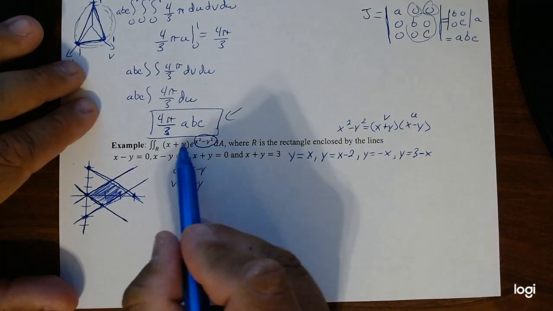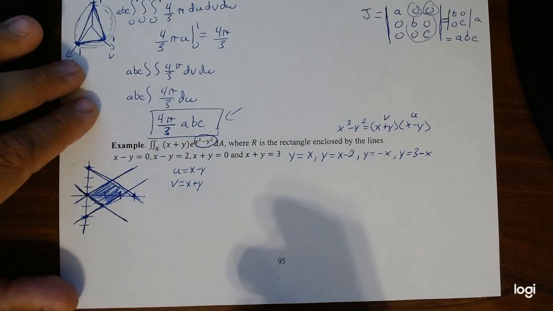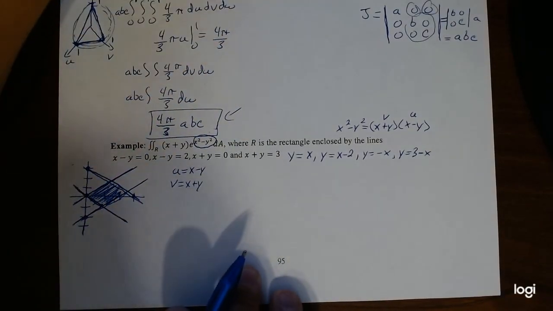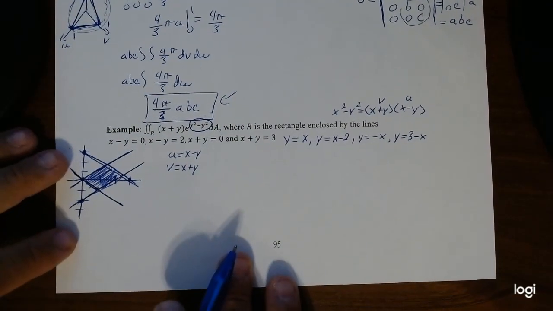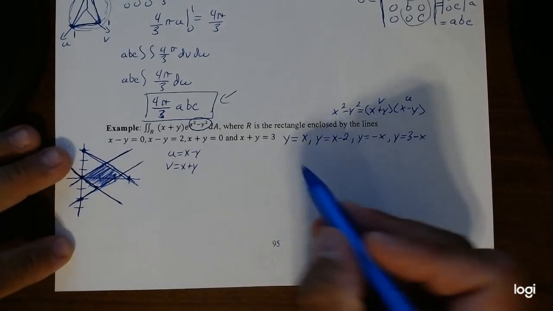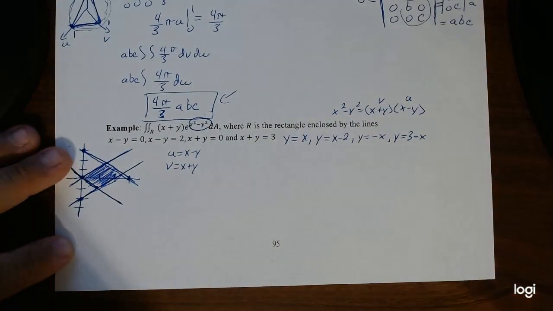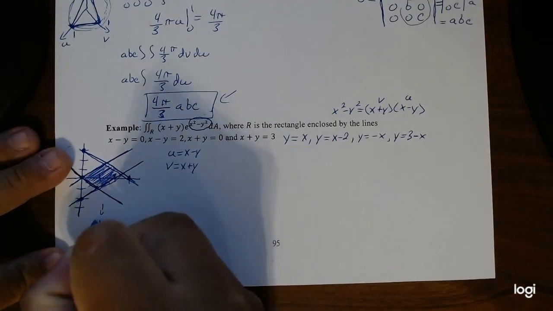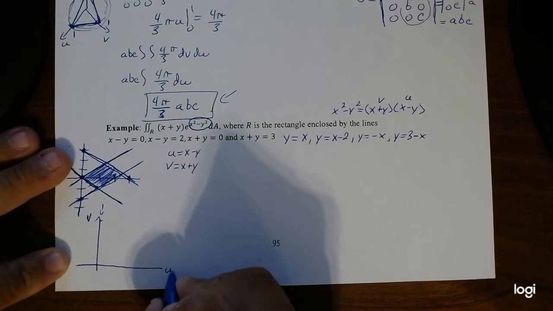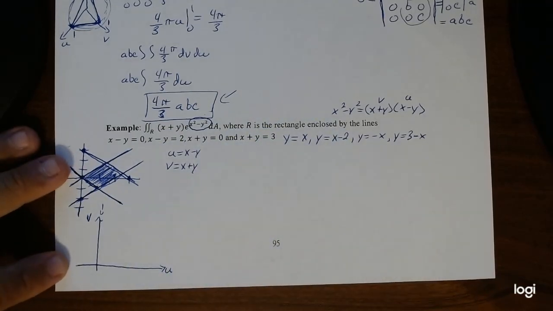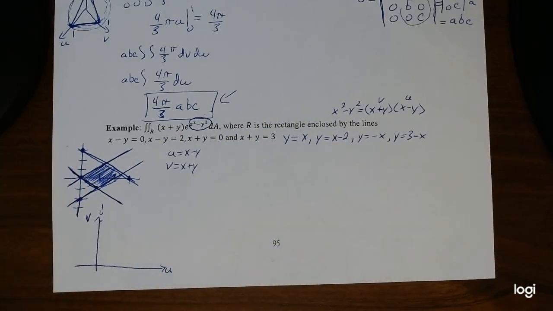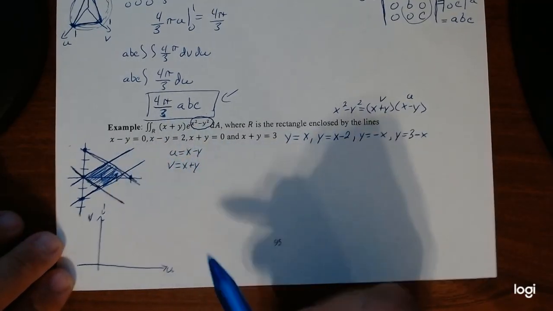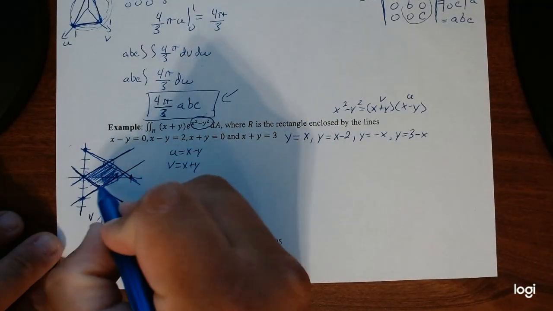So notice right off the bat this converts us to e to the uv when we do our integration. All right, now we want to figure out the bounds of integration. This one's going to be a little different than the last one, because we're not going to actually use the points themselves.